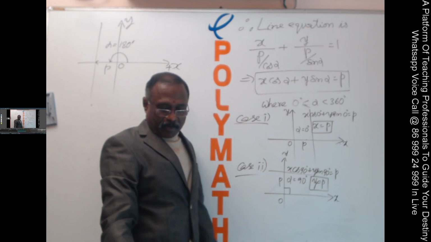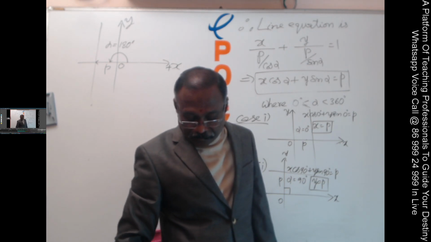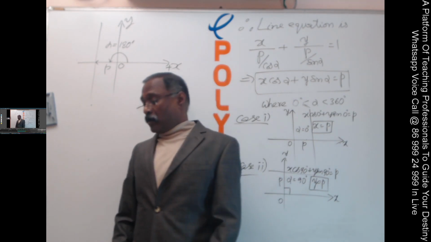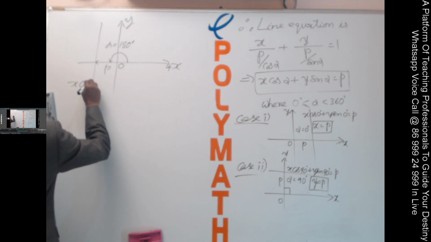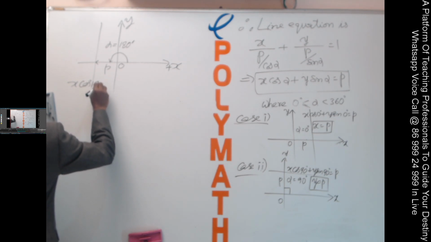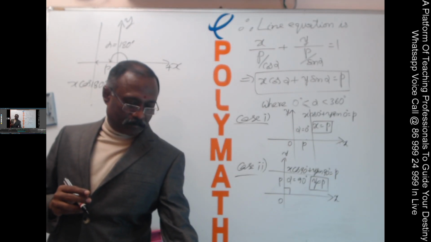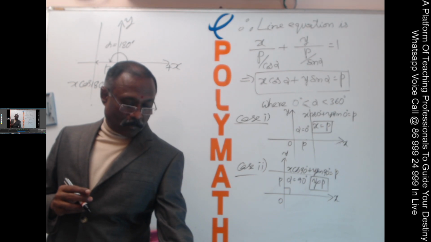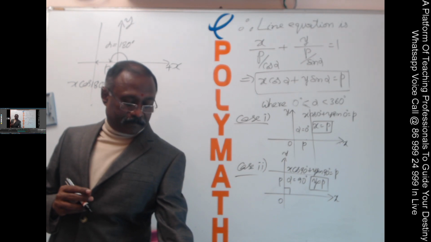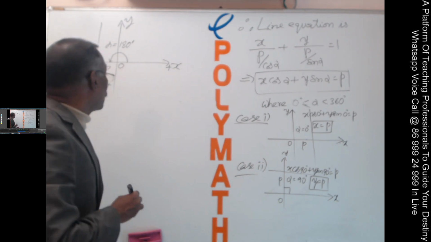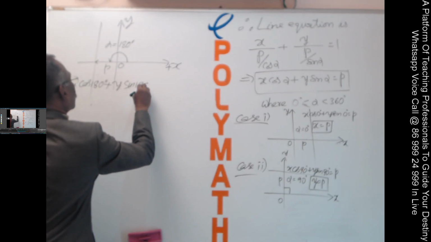Your alpha is 180 degrees, so let us substitute in the line equation: x cos 180 plus y sin 180 is equal to p.